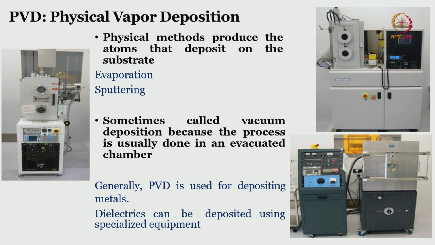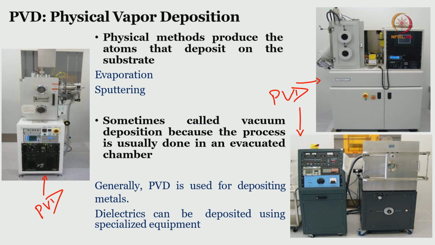Which one is thermal and which one is e-beam? This one here is a thermal evaporator. This one here is an e-beam evaporator, and this one here is also an e-beam evaporator. These are all called physical deposition techniques.